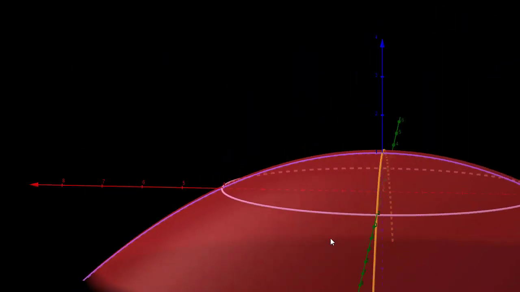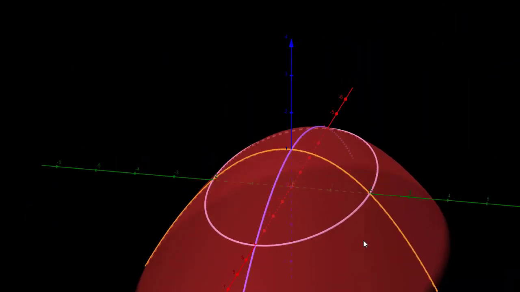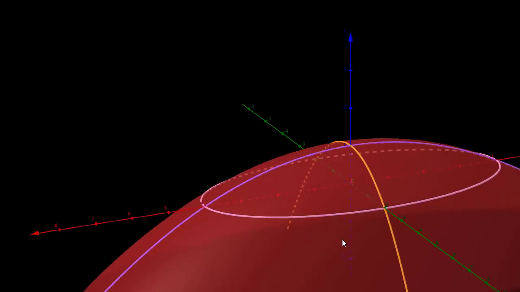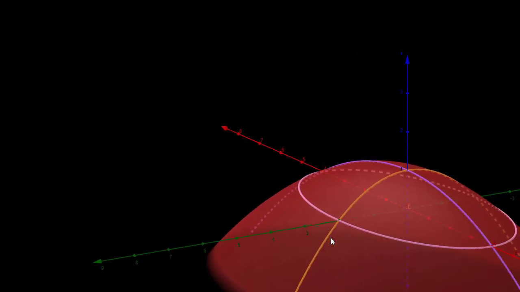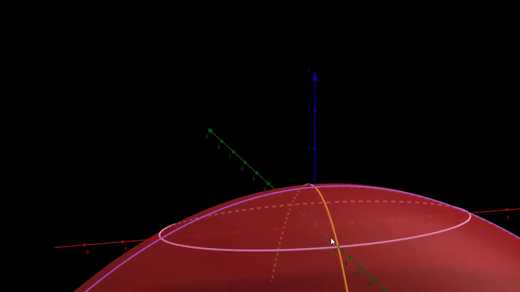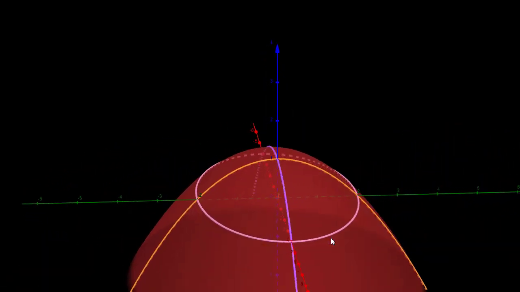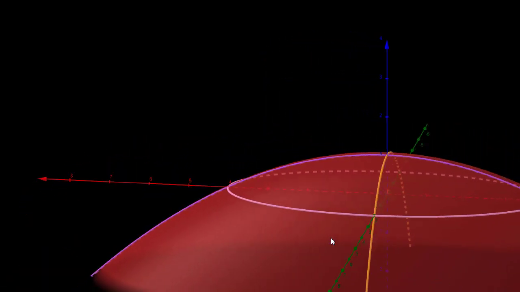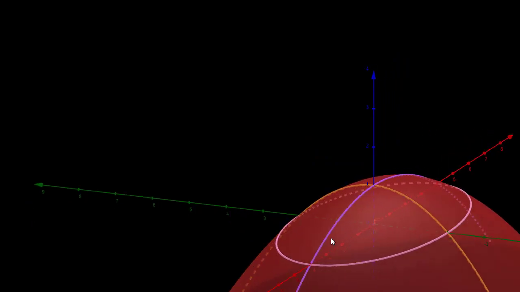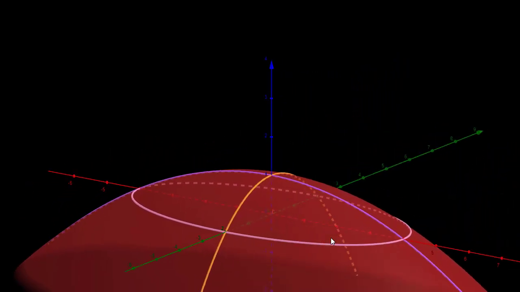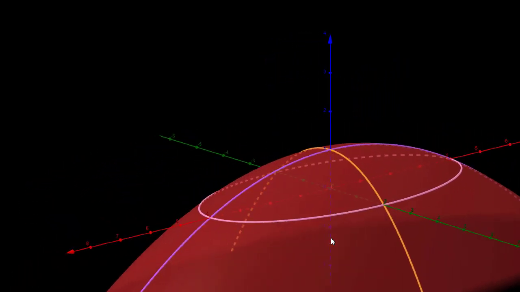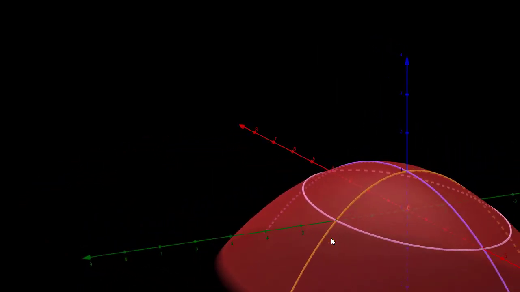Now this is called a paraboloid. You can think of these as solids of revolution from Calculus 2. So in Calculus 2, when you would take a parabola and spin it around the x or the y-axis, you would get this bowl shape.